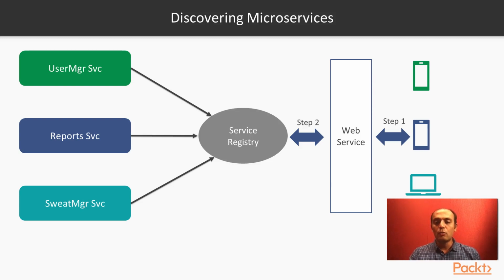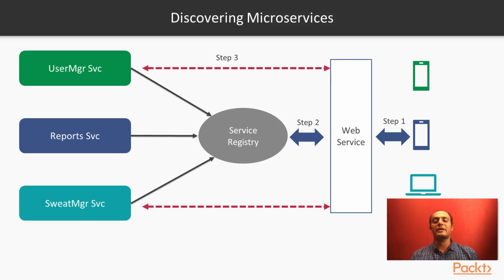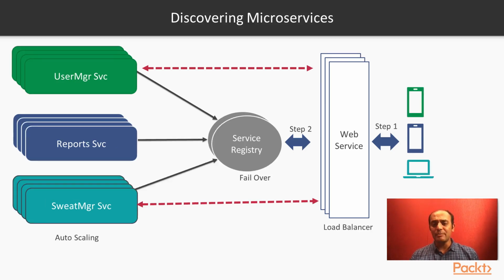Step 2 would be the web service trying to resolve the correct location for processing this request. And finally, step 3 will be where it is using these services. This way, we are also able to enable a large scale of auto scaling, failover, and load balancing.